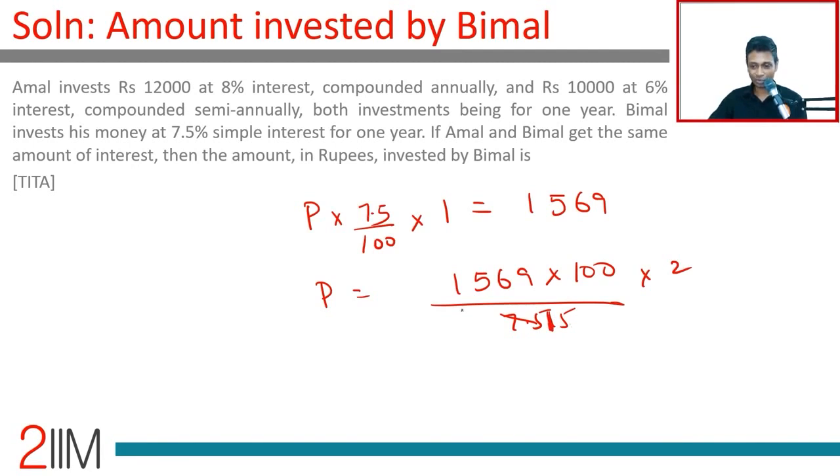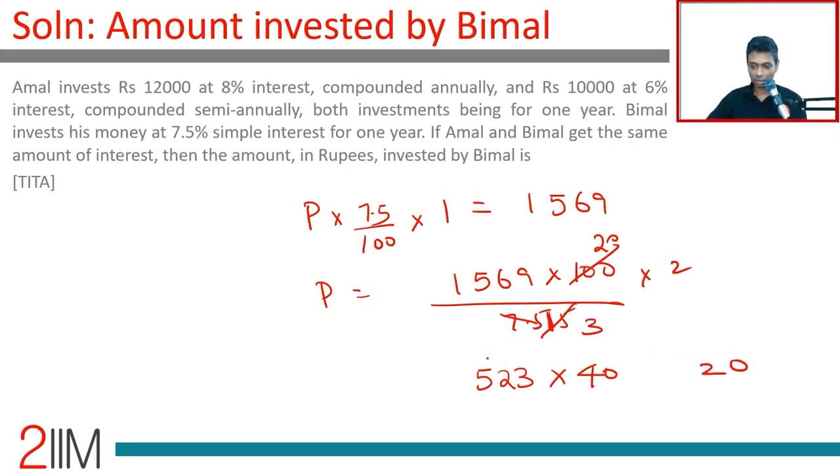We can cancel off a 3 with this, cancel off a 5 with this. Let's do both of that. Cancelling a 5, this will make it 20. This will be 3. This is 1569 by 3, 523 into 40. That will be the principal Bimal should have invested.